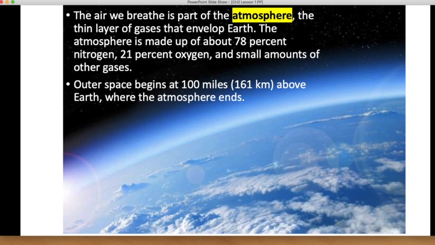Outer space begins at 100 miles above Earth, where the atmosphere ends, okay? Something kind of interesting about this idea is that there's some argument about where Earth's atmosphere actually begins. So they consider outer space 100 miles beyond our atmosphere, but there is some argument as to where the atmosphere actually begins.